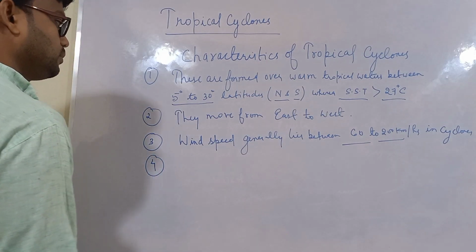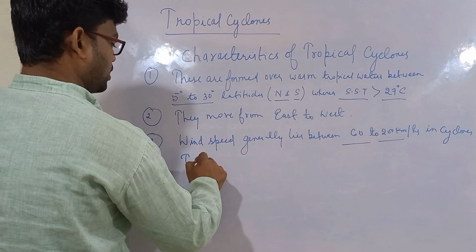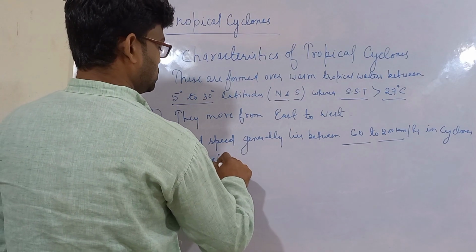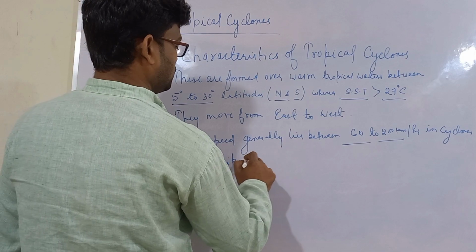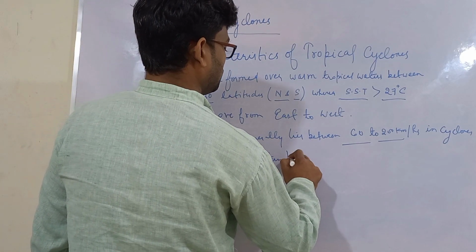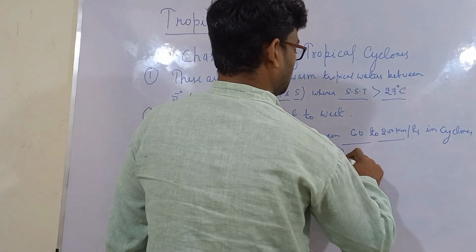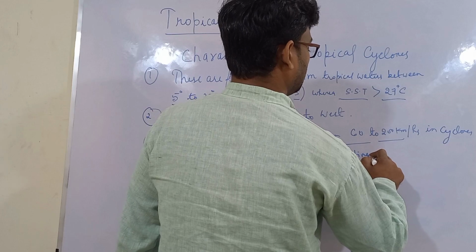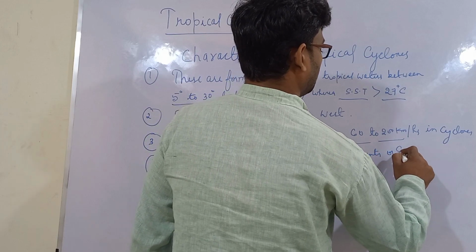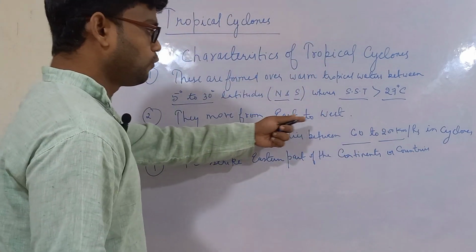What is the fourth one? Fourth one is tropical cyclones strike eastern part of the continents or countries. Now we know that they move from east to west.